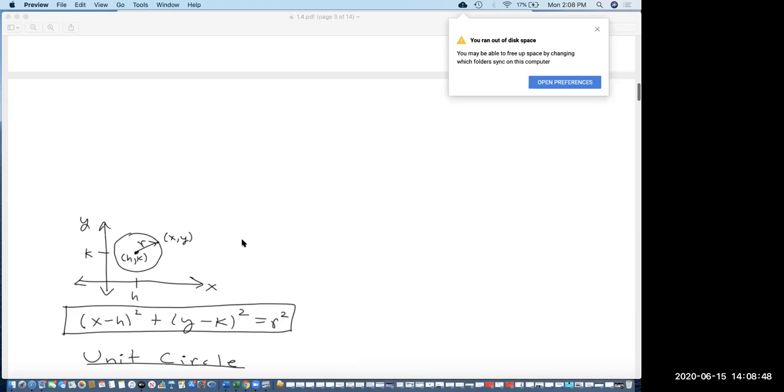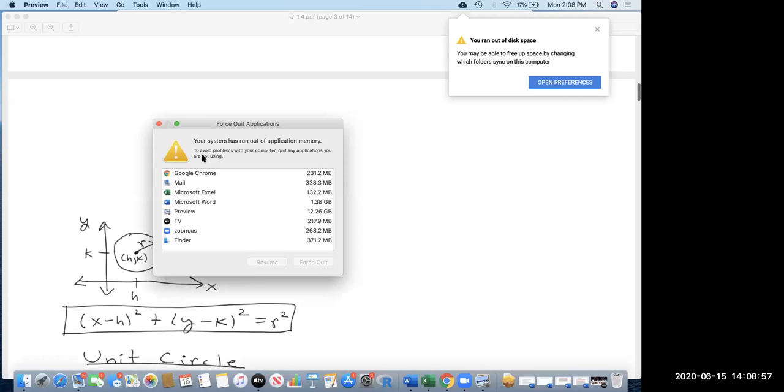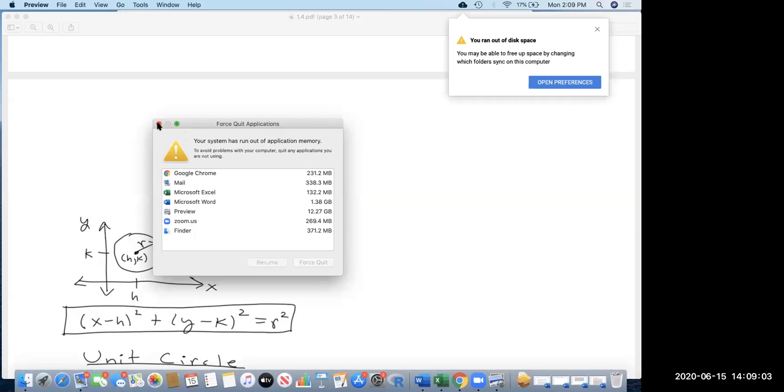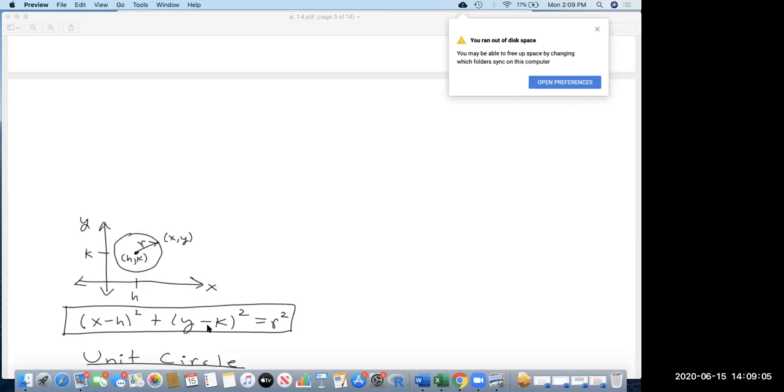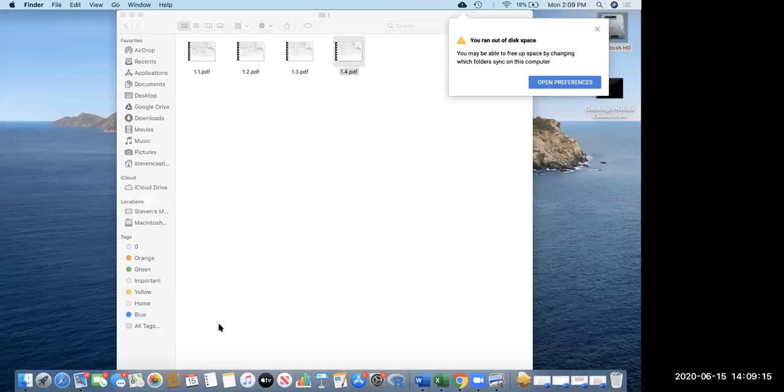Translate. So the circle centered at (h, k) of radius r has the form (x minus h) quantity squared plus (y minus k) quantity squared equals r squared, just by replacing x by x minus h and y by y minus k.